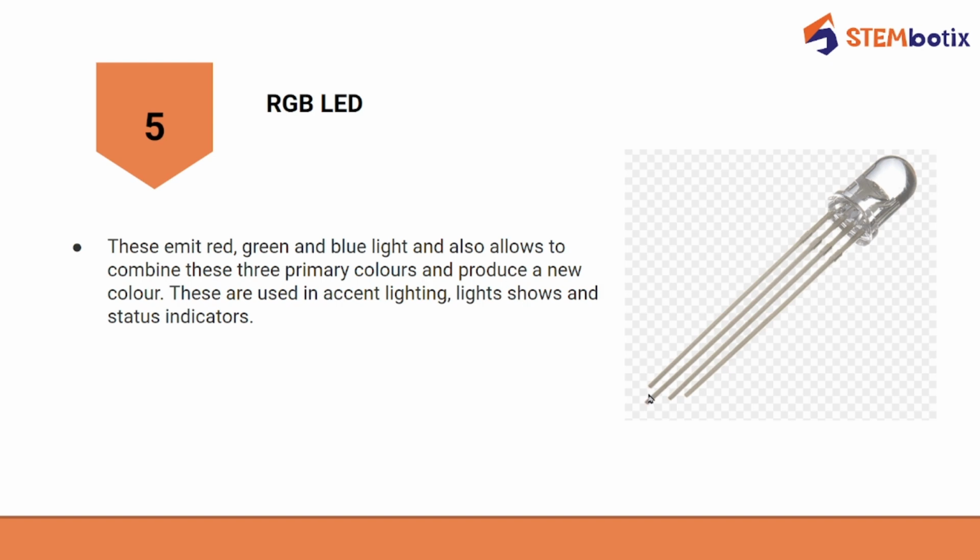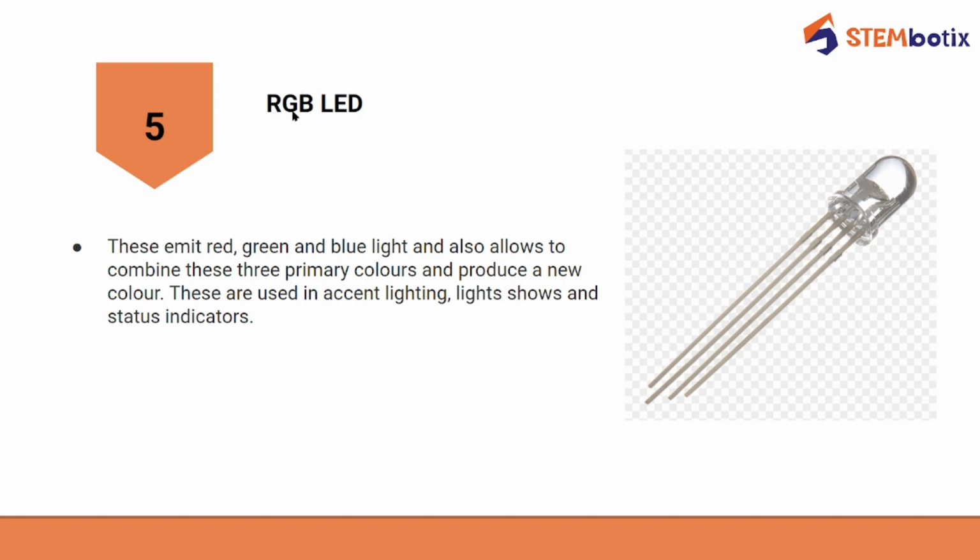We already know that in a diode there is a longer leg and a shorter leg. The longer leg represents anode and the shorter leg represents cathode. Now here these three terminals, or you can say these three legs, are dedicated for R, G and B to produce the single color.